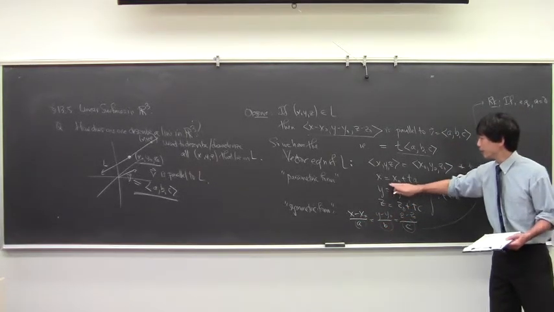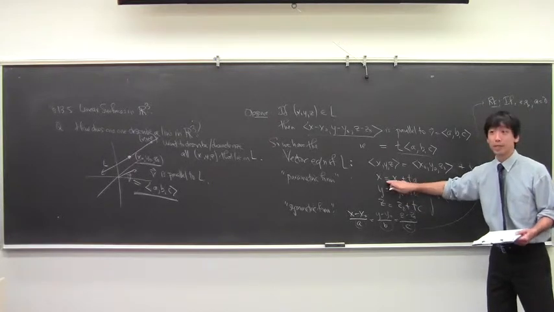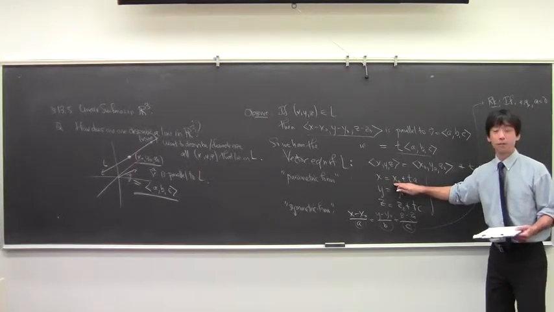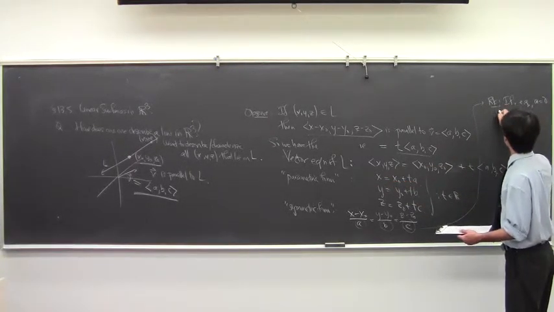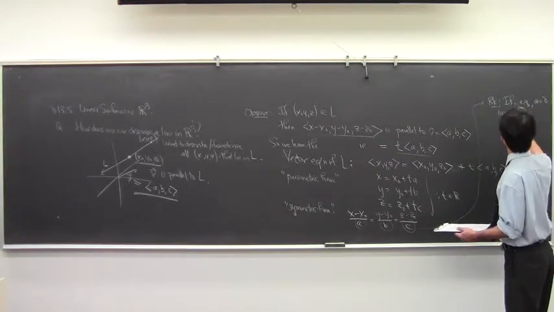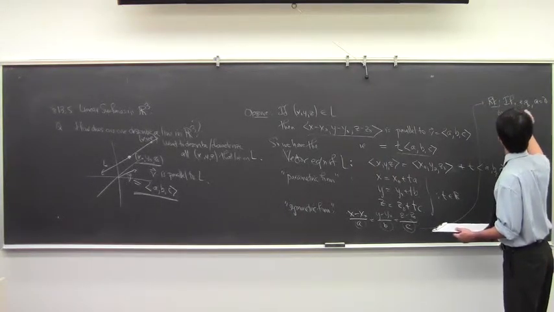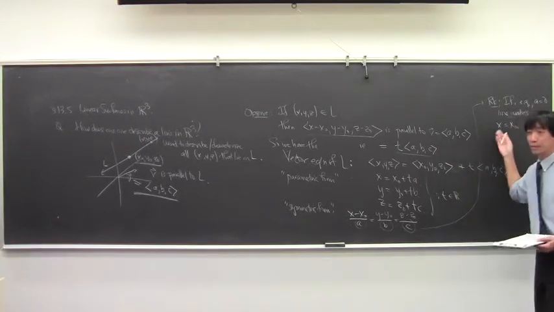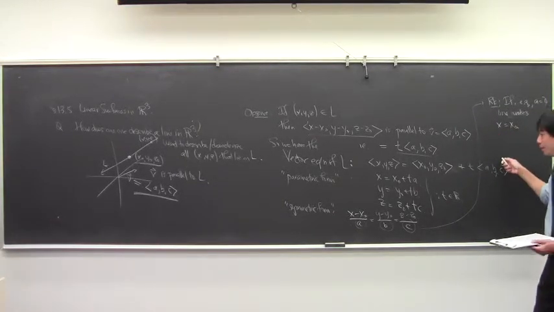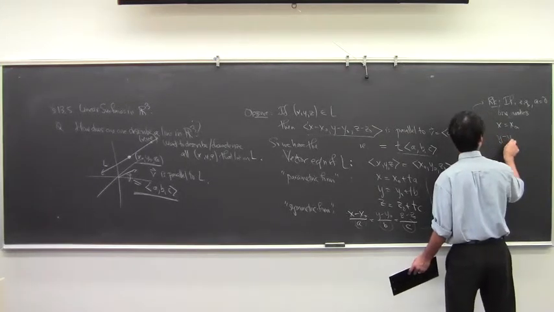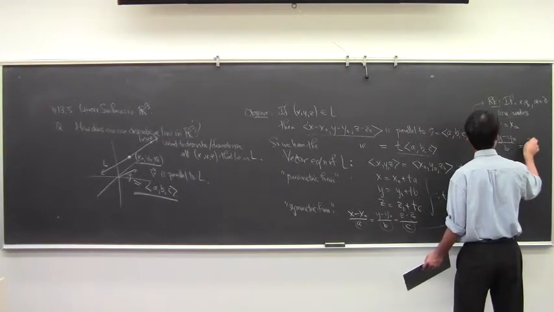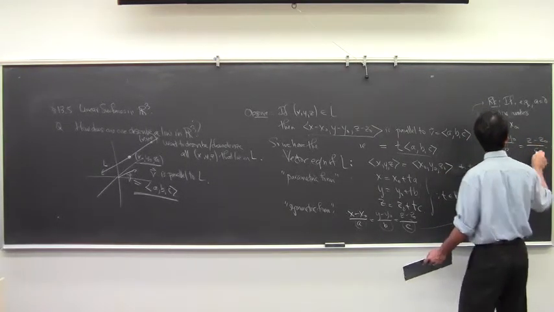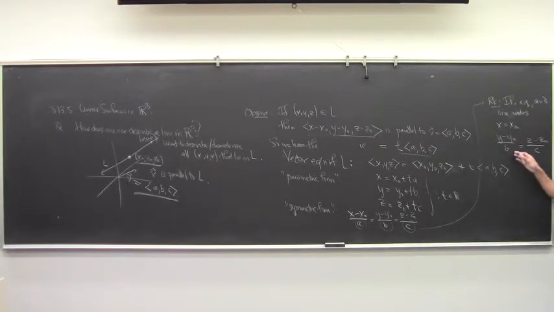In that case, x is fixed as x naught. So in the symmetric form, if one of the components is 0, then you just say x is x naught, and the other two are as before.